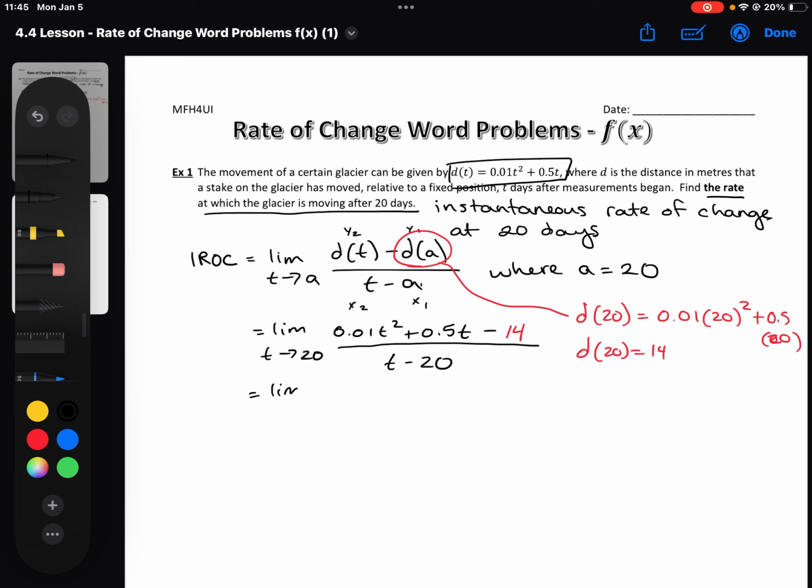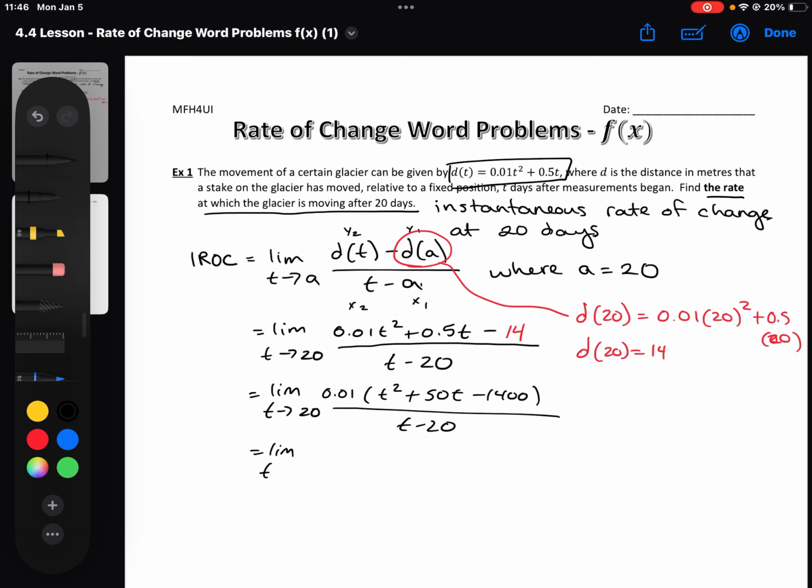So if you remember from our tangent practice, the only thing that we know how to do is factor and cancel out the bottom term. So I'm going to factor out my a value so that I get a simple trinomial. And this gives me 50t minus 1400.